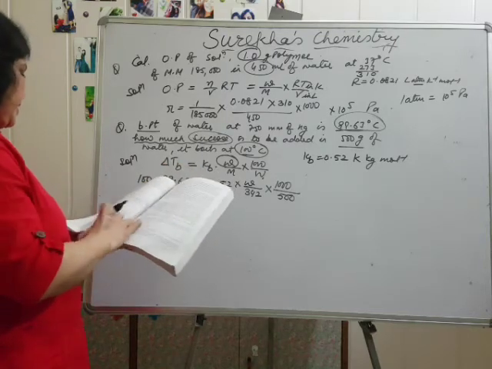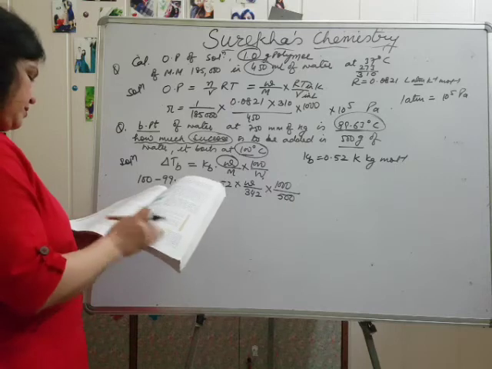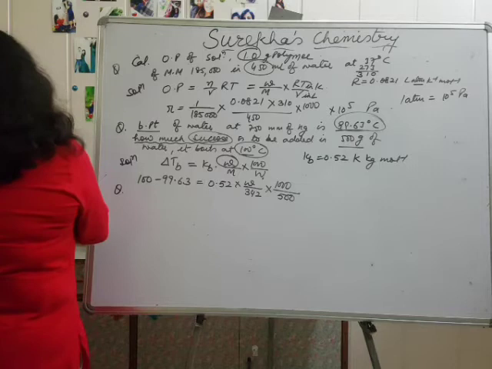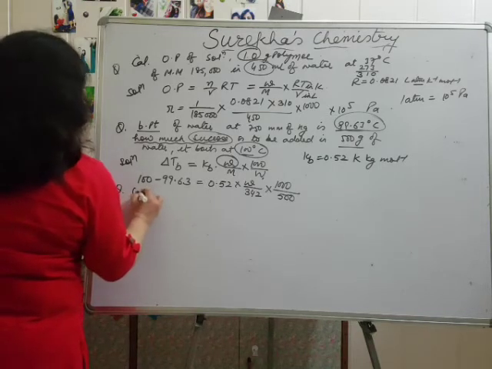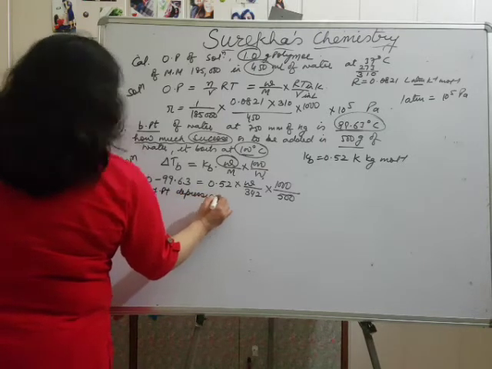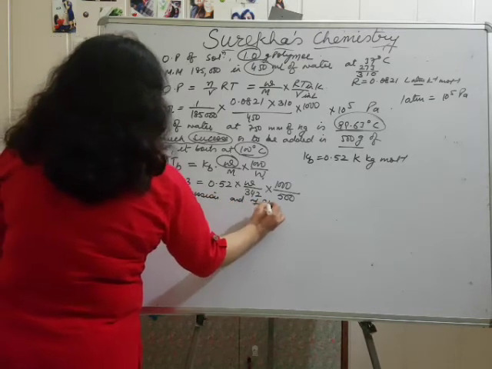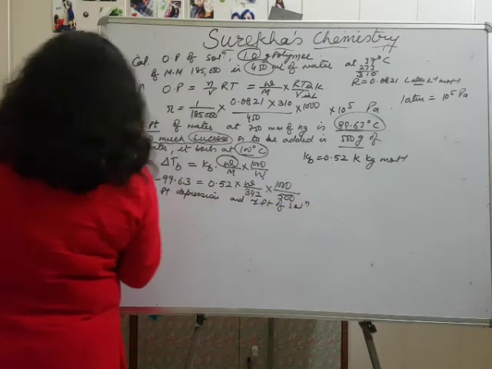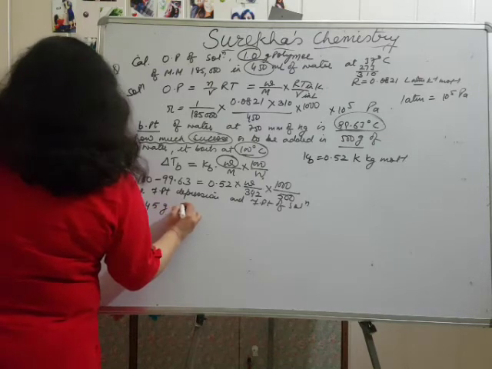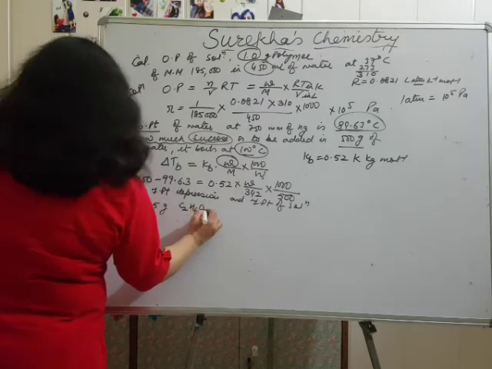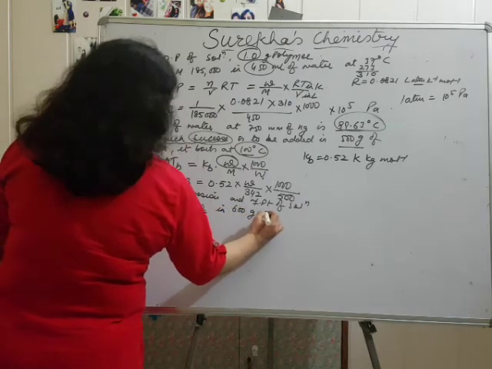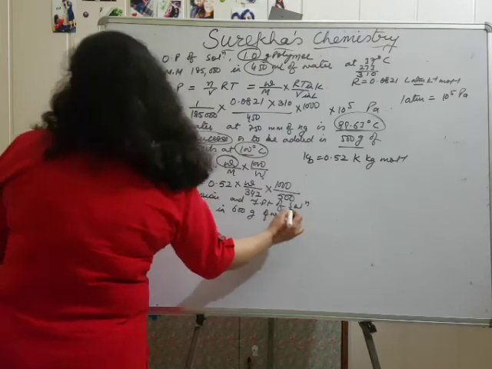फ्रीजिंग पॉइंट वाला ले लेते हैं कोई क्वेश्चन. Calculate freezing point depression and freezing point of solution if 45 gram ethylene glycol C2H6O2 is mixed in 600 gram of water, right?